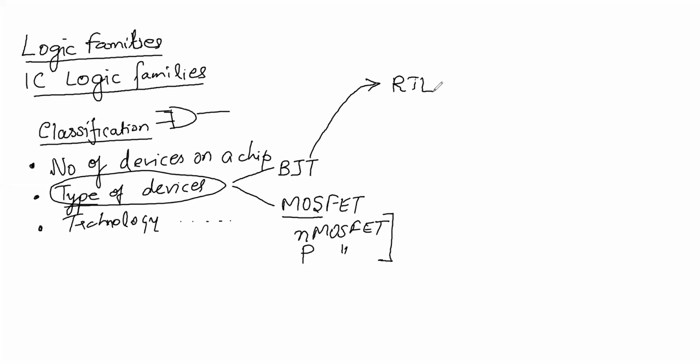That means all gates are drawn using resistors and transistors. There could be any number of resistors, any number of transistors, depending on what gate I am going to draw.